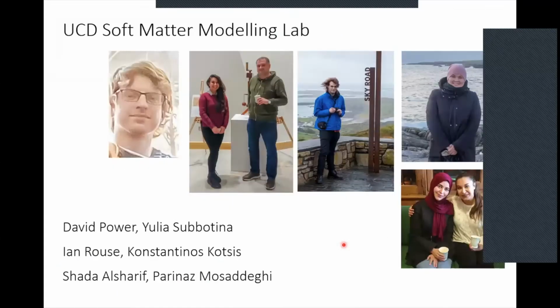The team is presented here. Right now, five people. David Power just graduated in August, got his PhD. Then Parinas and Kostas. Parinas is a PhD student, and Kostas is a postdoc working in NanoCommons projects.